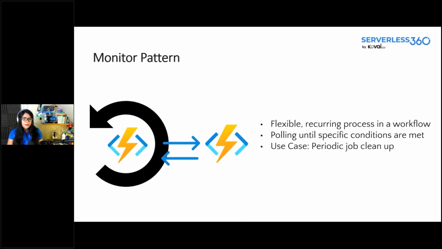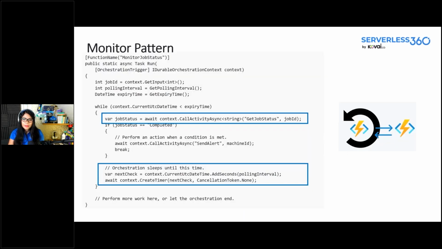And then the next pattern is the monitor pattern. As the word itself suggests, it's used for handling recurring processes in a workflow, for example periodic job cleanup. In this example we are trying to monitor the status of a job. In a while loop, we set an expiration time for this.